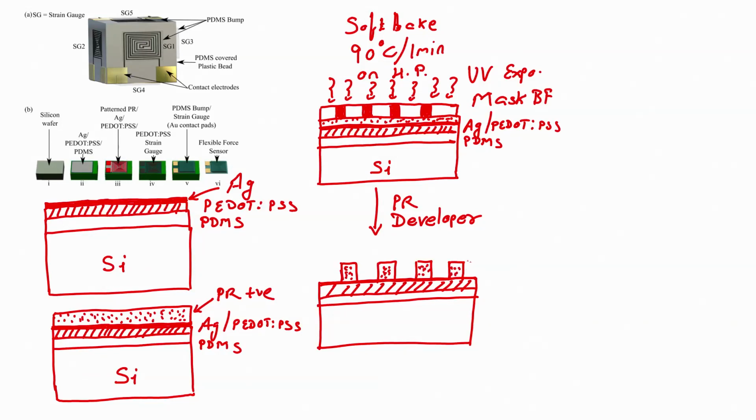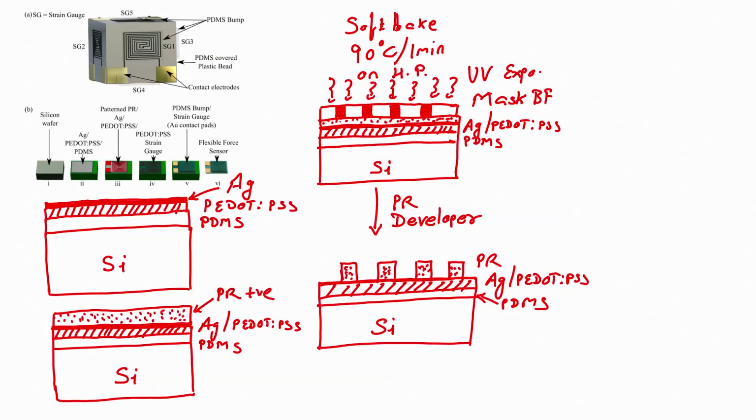Why will it develop in this particular fashion? Because the area which is not exposed will become stronger. You see these blocks, red blocks, that is the area which is not exposed.